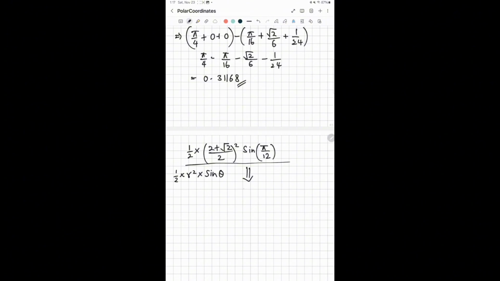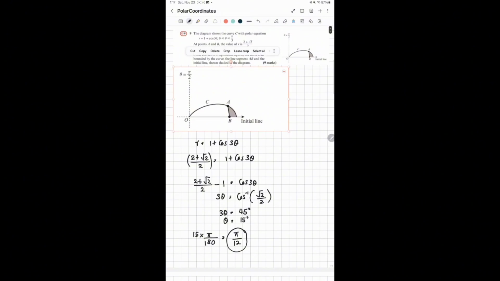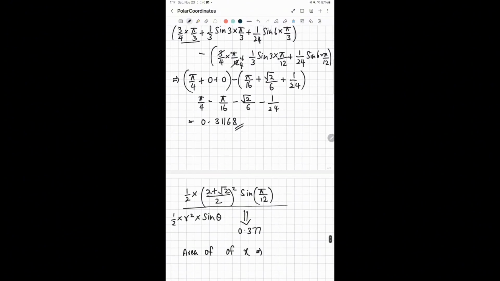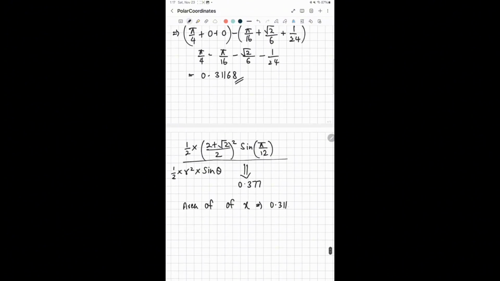This is going to give you 0.377. Okay, now we got the area of, let's call this X, I'll call this Y. The area of X was 0.31168.